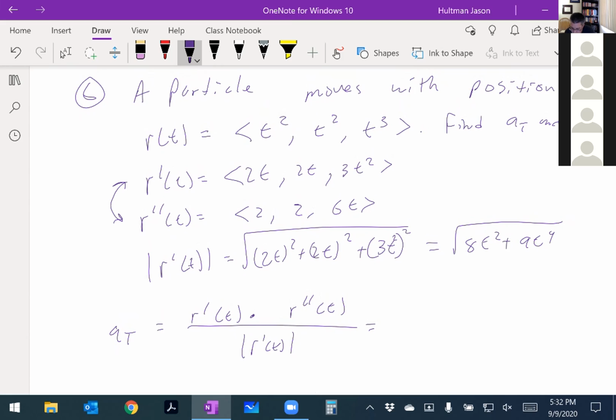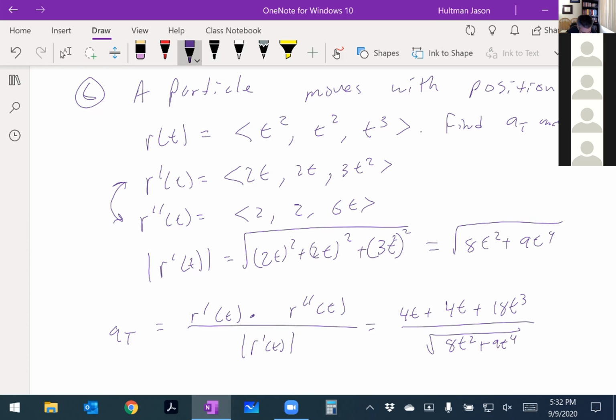Well, that's just going to be 2t times 2, which is 4t, plus 2t times 2, which is 4t, plus 3t squared times 6t, which is 18t cubed. Okay, all over the square root of 8t squared plus 9t to the fourth.